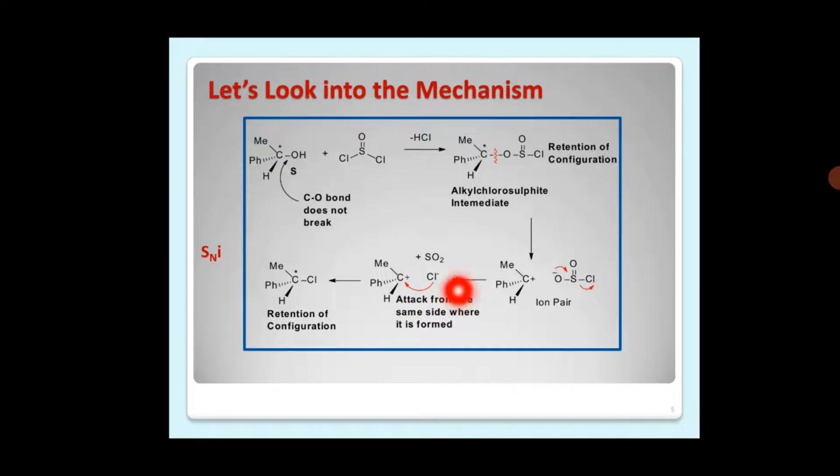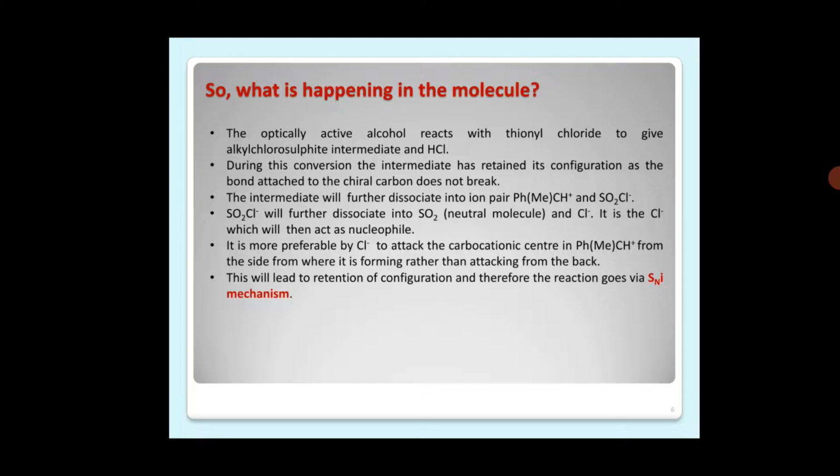Since the nucleophile attacks from the side from where it is formed, it obviously leads to retention of configuration, and therefore the entire reaction goes via a new reaction mechanism, that is SNi mechanism. For your convenience, the entire discussion is written here point-wise.